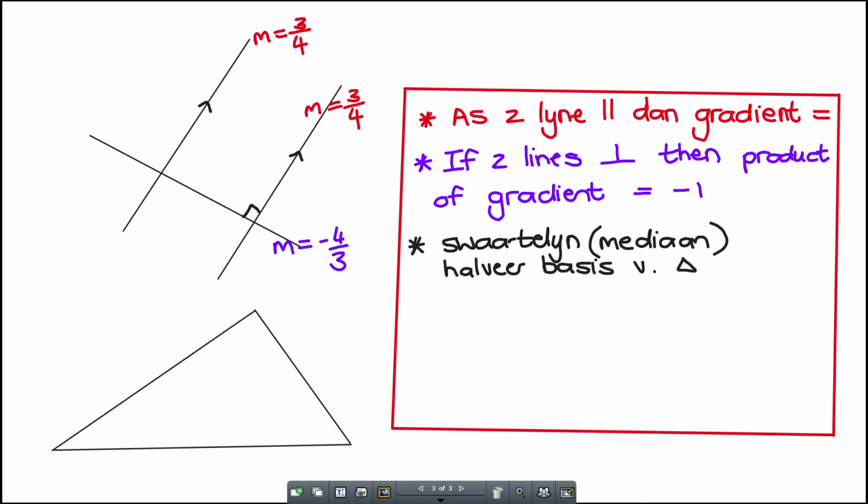Dan moet ek net gaan my Engels onthou. Ek kan nie onthou nie. Waar is die Engelse boek?